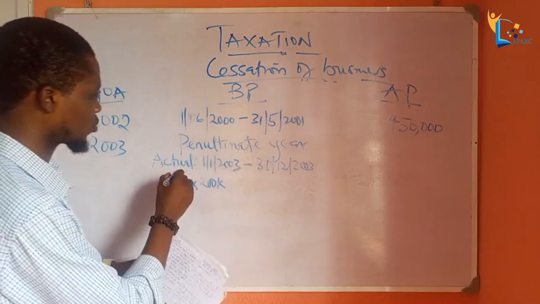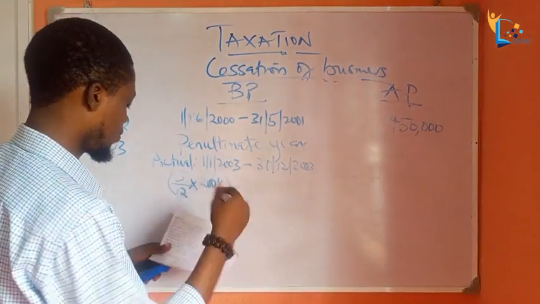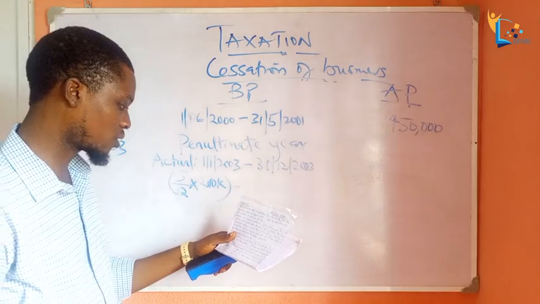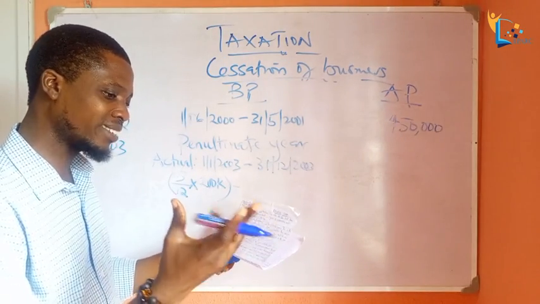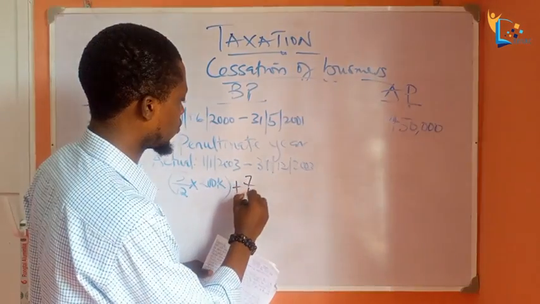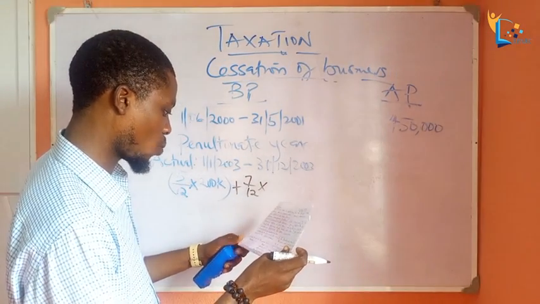Sorry, I'm using K because I don't want the board to be too full. Plus, to make up this 5, we have 7 months left: May, June, July, August, September, October, November, December. Remember, 31st December, we have 7 months, which is 7 over 12 times 150K.